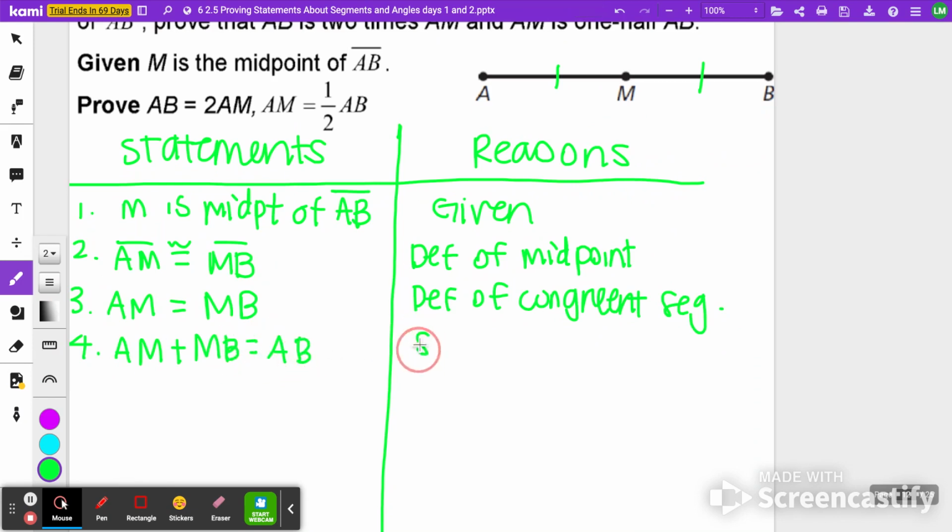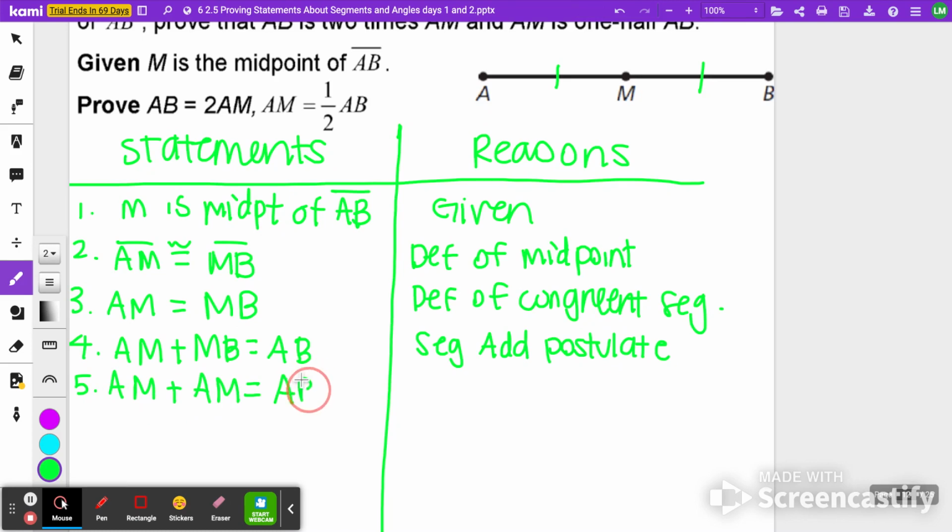And that one is the segment addition postulate. All right. If AM plus MB is equal to AB using the segment addition postulate, and AM is equal to MB, then that means we also know that AM plus AM is equal to AB. And that would be the distributive, or sorry, not the distributive, the substitution property of equality.